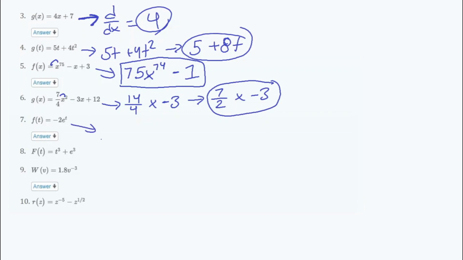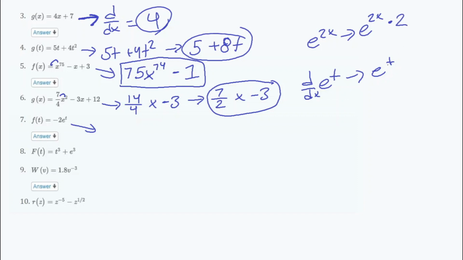Now number 7 is going to be negative 2e to the power of t. If you remember correctly, the derivative of e to the power of t, or a lone variable, is just going to be e to the power of t. But let's say we have e to the power of 2x. The derivative of that is going to be e to the power of 2x multiplied by the derivative of the exponent, which is going to be 2.